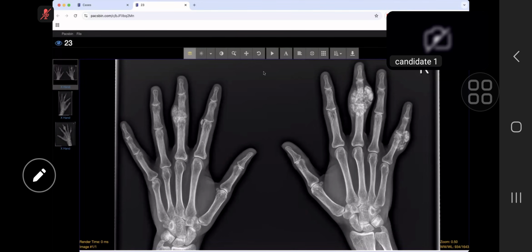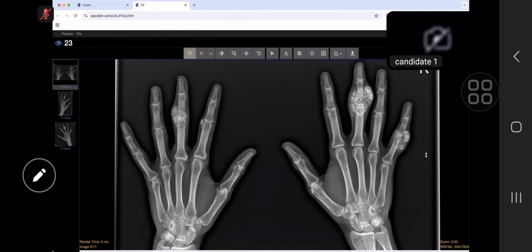The rest of the bones, like the metacarpal joints, the first couple of metacarpophalangeal joints and the visualized part of the wrist joints, appear grossly unremarkable. So I believe that this is a case of calcinosis cutis. It could be calcinosis cutis, which is seen in scleroderma patients, so I would like to inform these findings to the referring physician and ask for further workup.